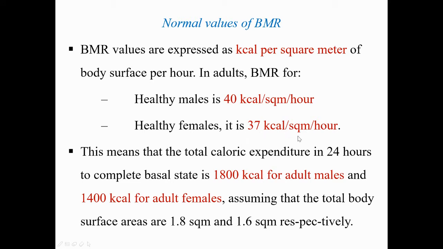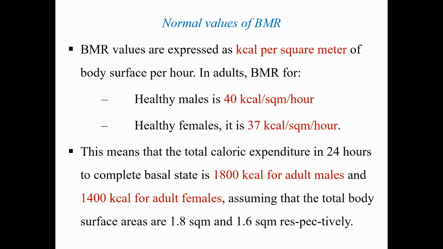This means the total caloric expenditure in 24 hours in the basal state is 1800 kilocalories for adult males and 1400 kilocalories for adult females.